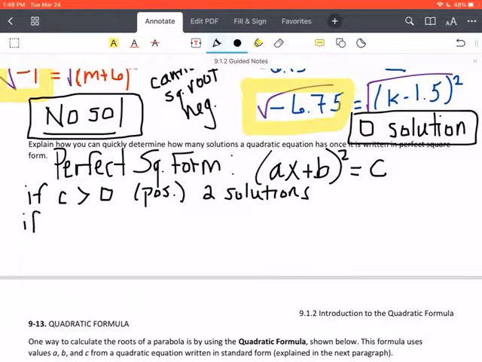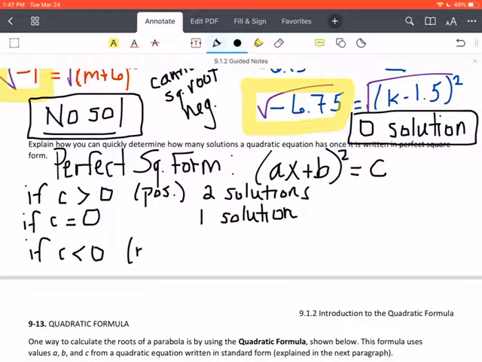Now, if c is equal to 0, if we scroll up and look at equation c, then we notice that there is going to just be one solution, and that is because plus or minus 0 just gives you one quantity. And finally, if c is less than 0, that means if the unit term is negative, then there are going to be 0 solutions, no solution, because you cannot square root a negative.